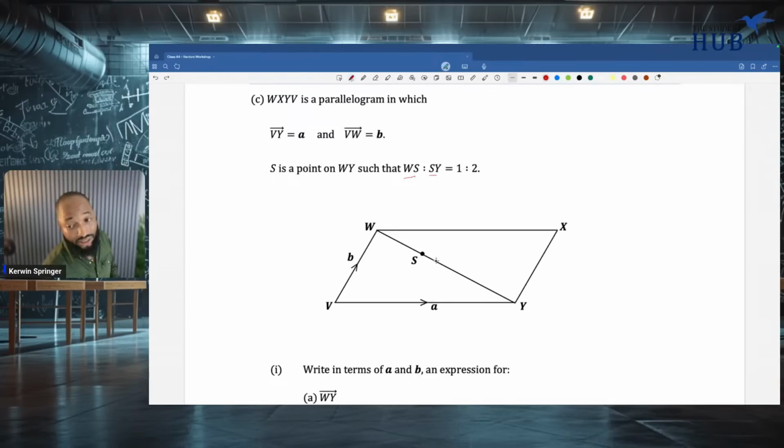Like in this situation, if this was 1 to 4, that means split it in 5. How many parts do you need to split this into when you see 1 to 2? WS is 1 part and SY is 2 parts. So in all, this represents 3 parts.